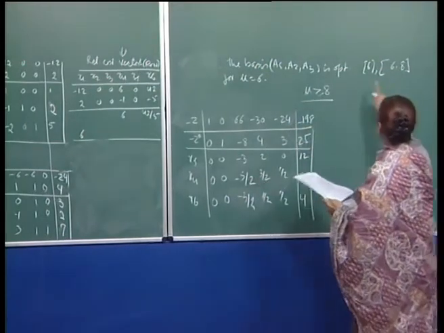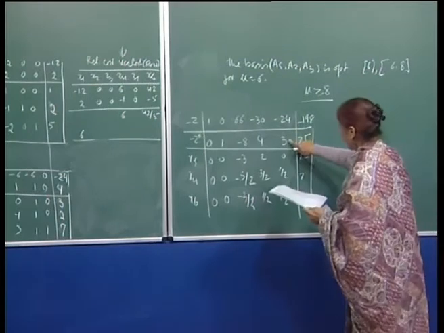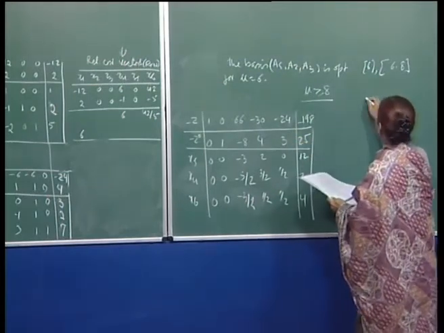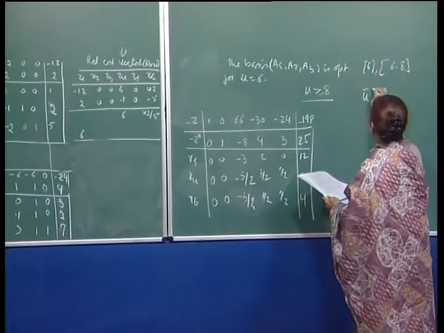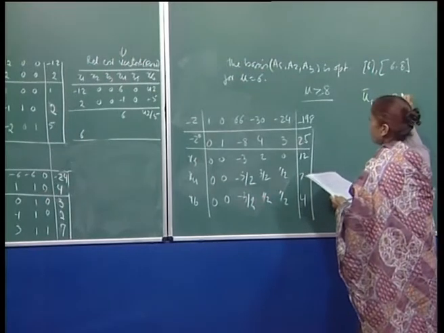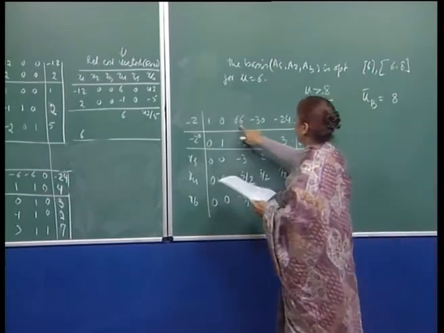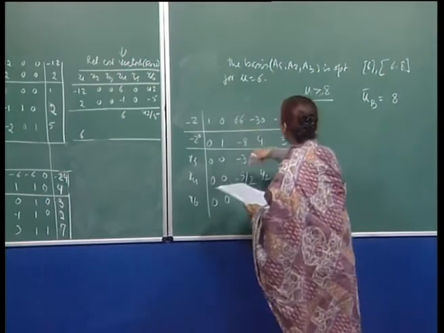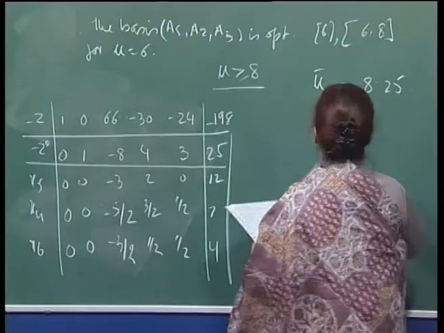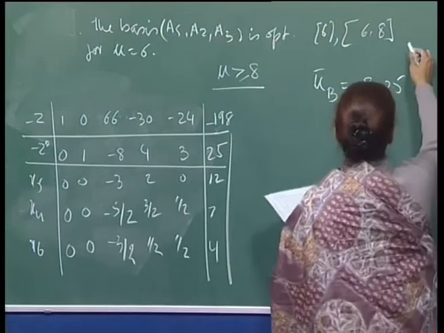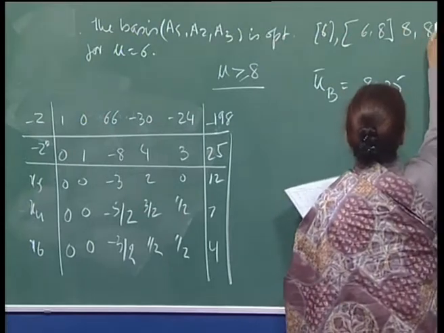So this is the upper limit, the lower limit for the new basis, and the upper limit now is mu b upper bar is 8.8, 8 8s are 64, so 0.25. So that means your new characteristic interval is 8.25.